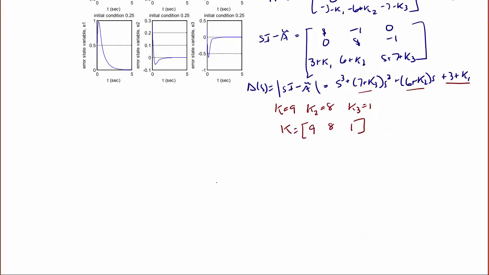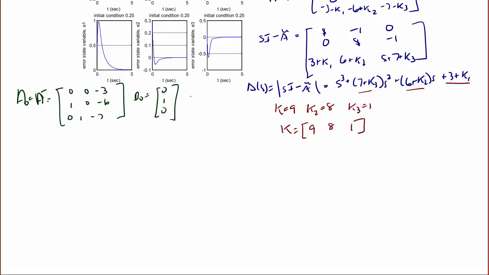So now we design our observer. And recall that the A matrix for the observer is A transpose. So the A matrix is [0, 0, -3; 1, 0, -6; 0, 1, -7], and the B matrix is [0, 1, 0], and the C matrix is [0, 0, 1].